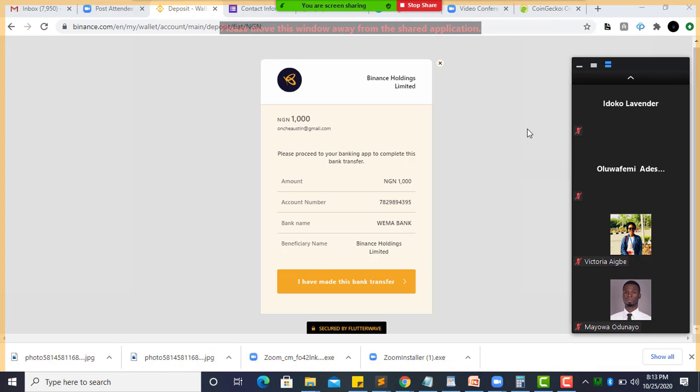Please make sure that the name you saw on the bank is the exact beneficiary name, Binance Holdings, that's what you see here before you make your transfer. It's still going.